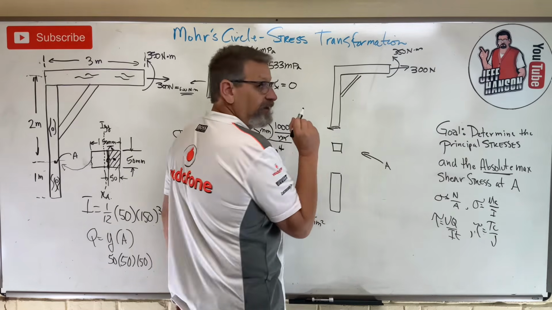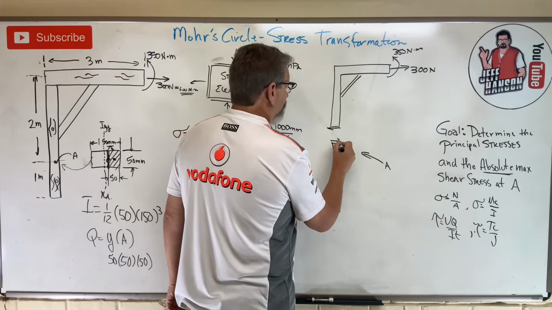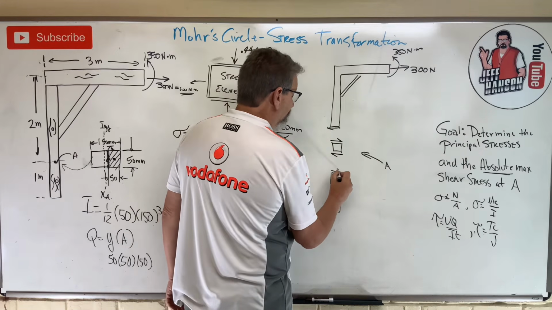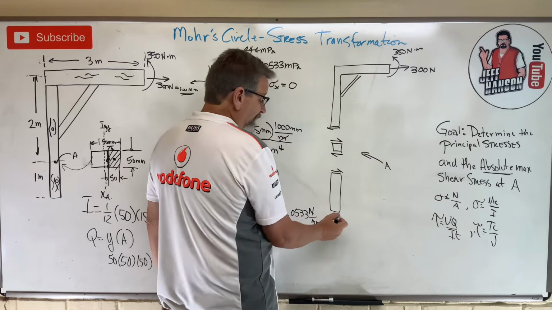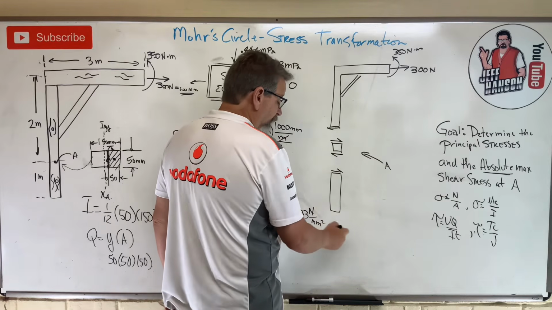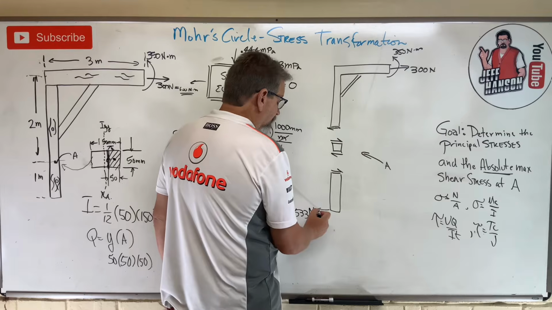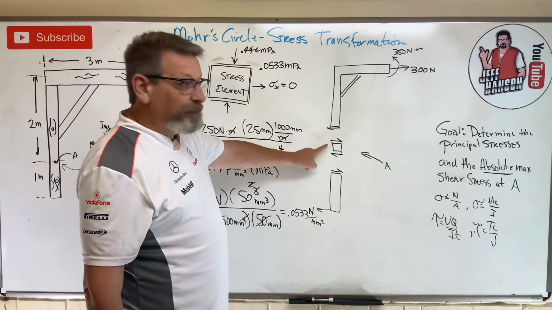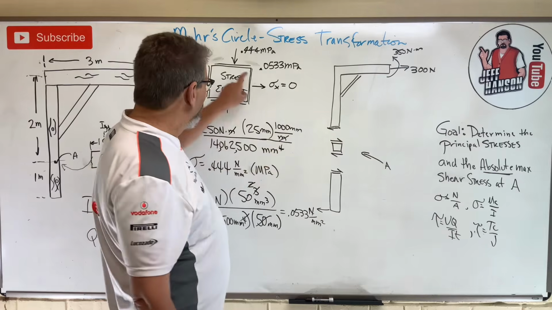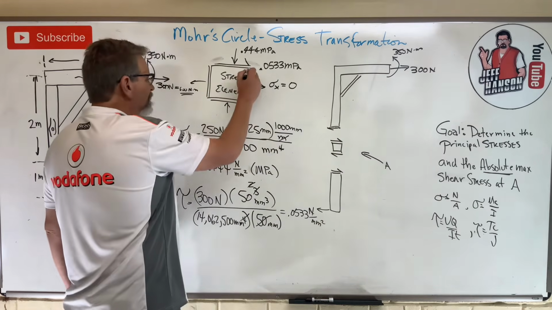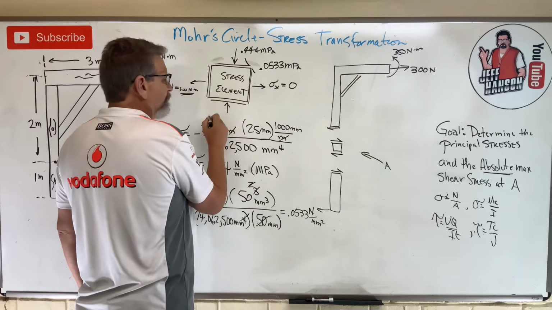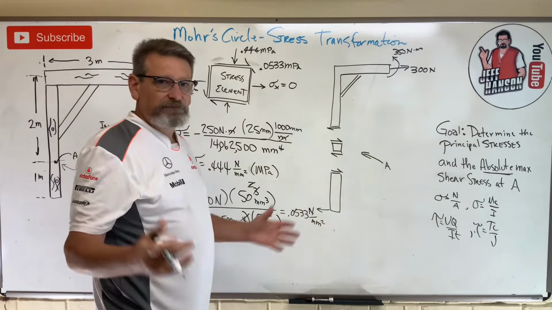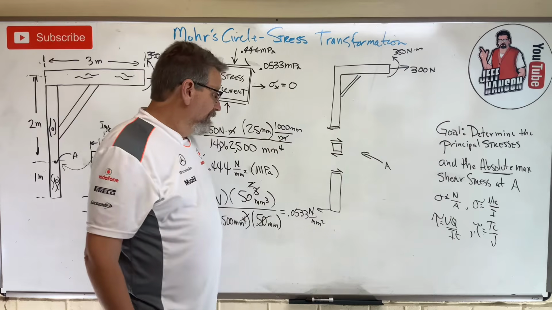So what is it on my little element there? This way on the bottom. This way on this guy. That way. And then in the ground down here, if I ever find equilibrium for the ground, it's got to go that way, doesn't it? And that tells me which way my shear goes on this guy. Does that make sense? I think it's a super easy way to do that. How's that? Ba-bam.